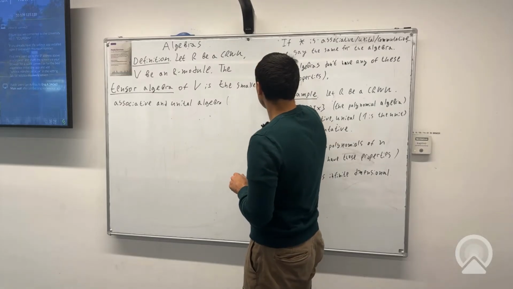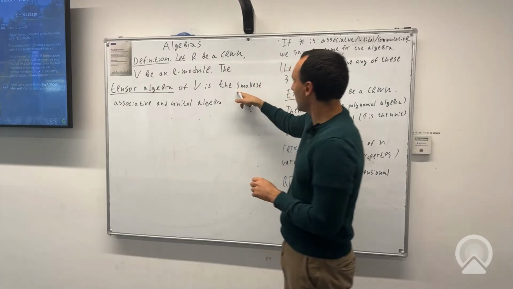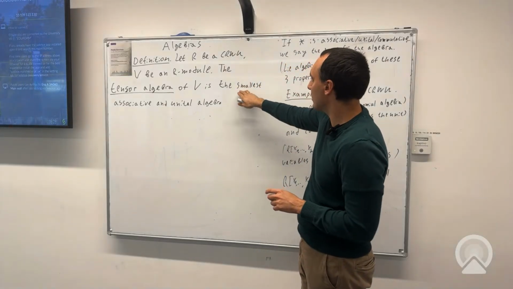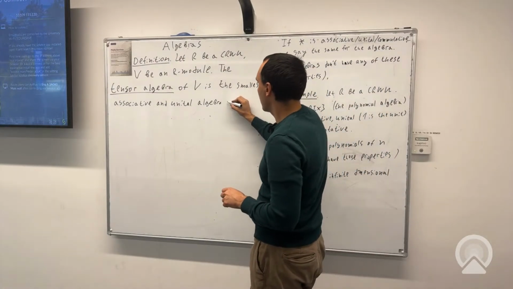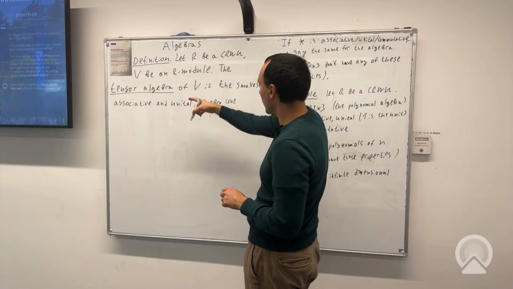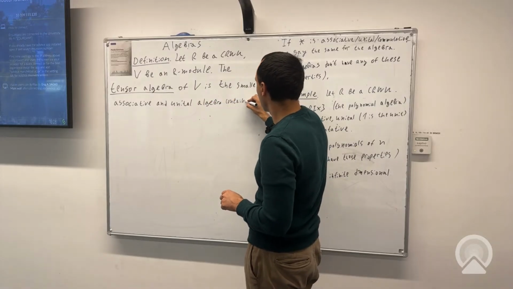Some people, more rigorously, say it is the free associative unital algebra containing V. So this is the smallest one containing V.